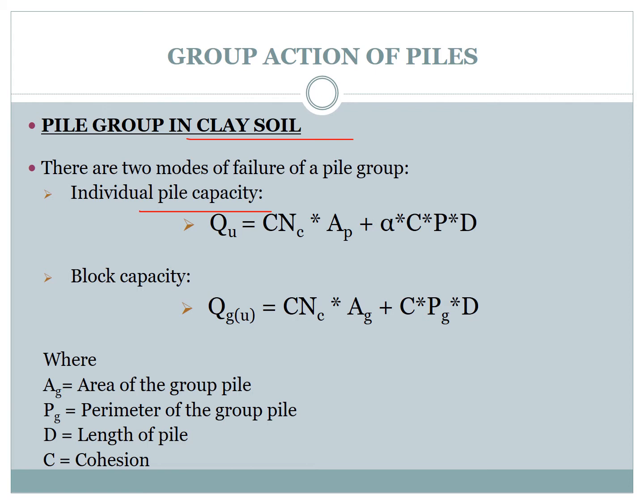For large spacing, failure of individual piles may occur. In other words, the load carrying capacity of the pile group acting as a block will be more than the sum of the load carrying capacities of the individual piles. So in clay soil, the load carrying capacity of individual piles or the block depends upon the spacing of the piles.